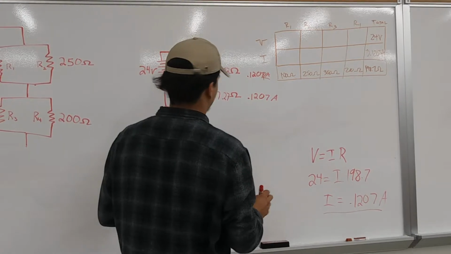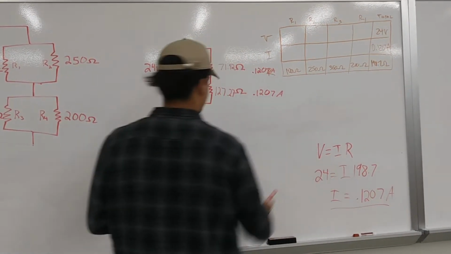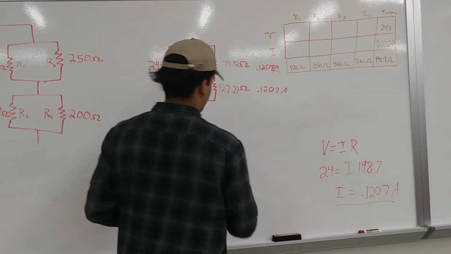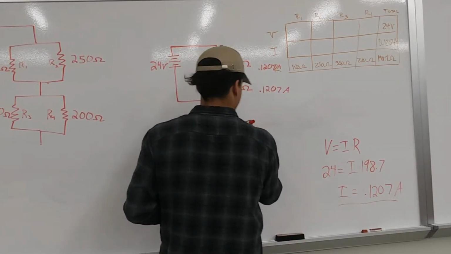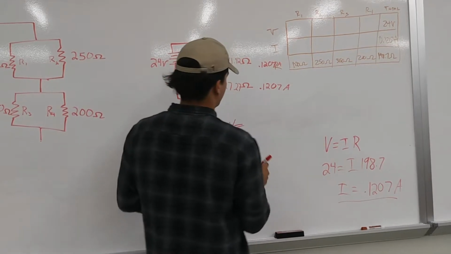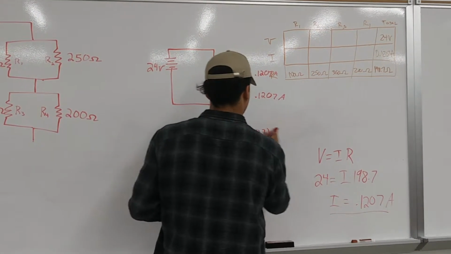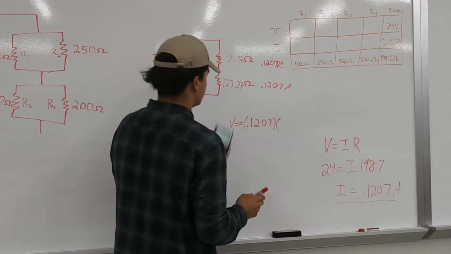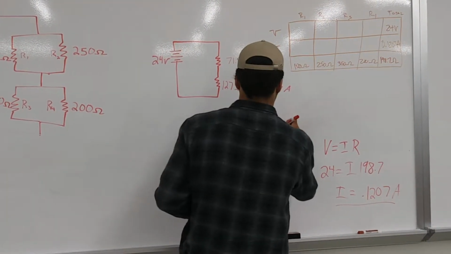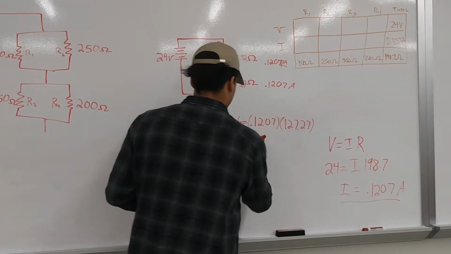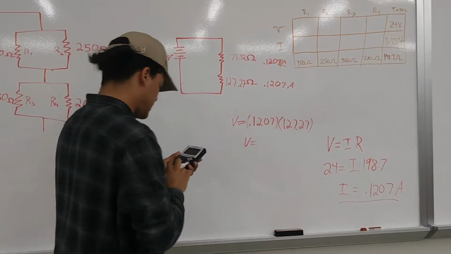And we could plug that back into Ohm's law to find the voltage across both of these. So we're going to have voltage equals, we know that our current is 0.1207, and we know that our resistance for this bottom one is going to be 127.27.